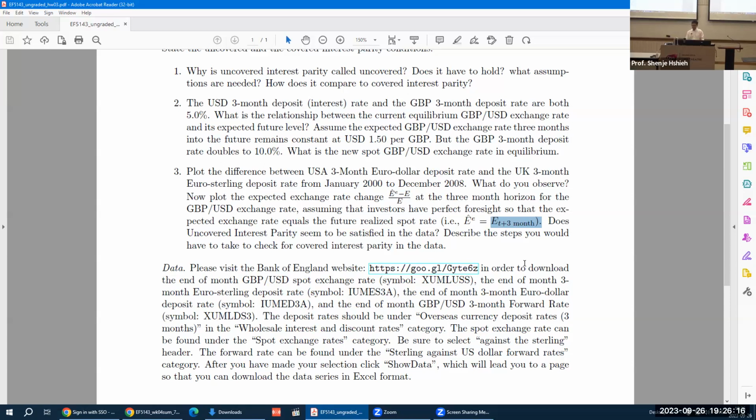Because January 2000 is time 0, February is time 1, March is T plus 2, right? And April is T plus 3. So use the April value for your expected future spot rate for today. Okay.